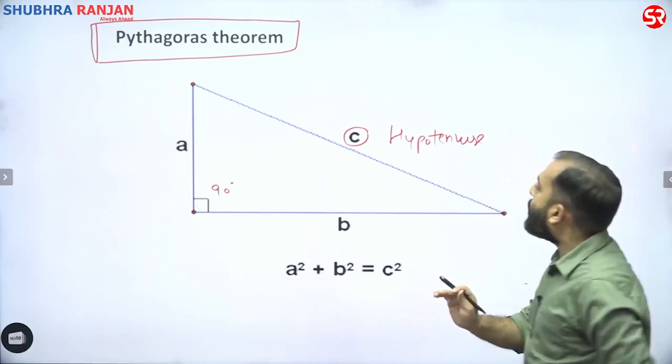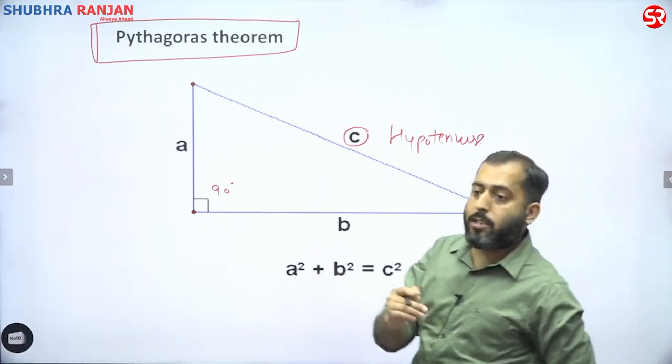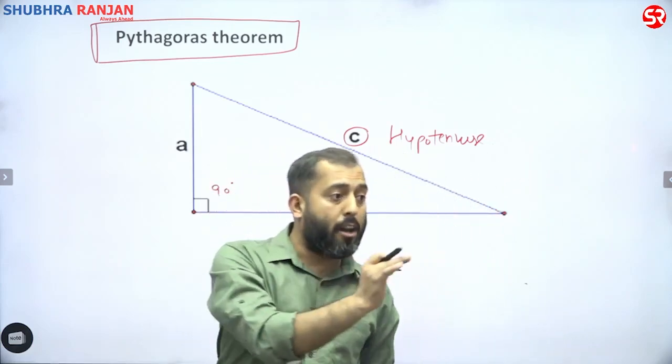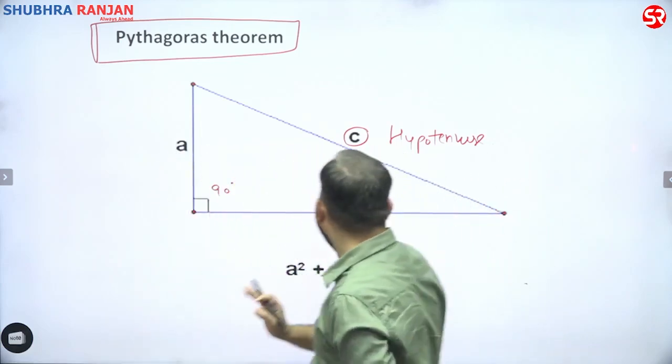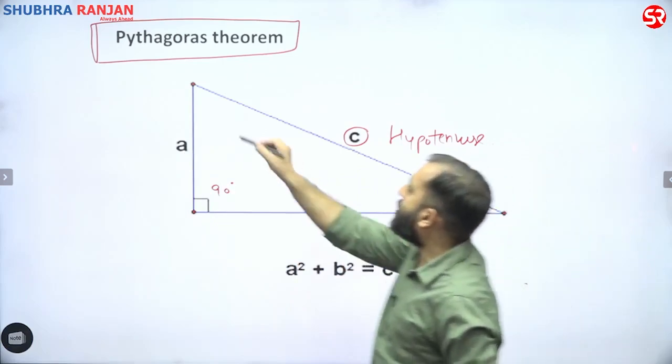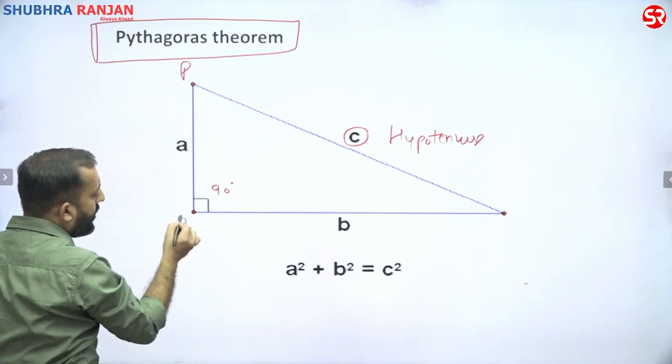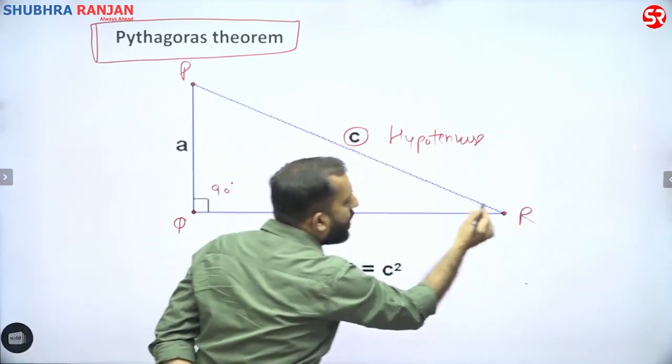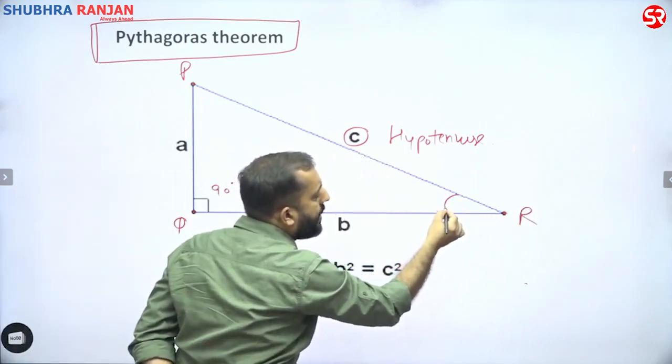Now, perpendicular and base will be decided by the angle of reference. Suppose this is point P, this is point Q, this is point R. You are assuming point R as the angle of reference.